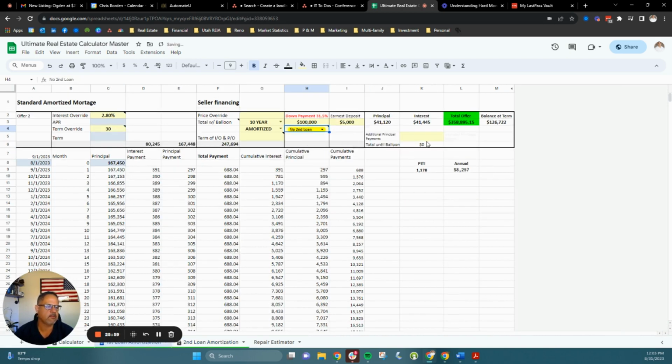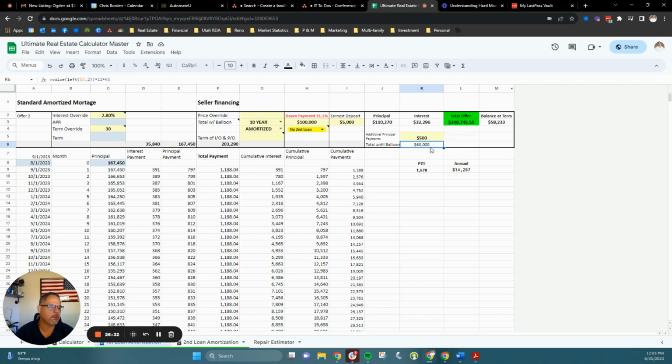You can do different things that you can add. If for some reason you wanted to add additional payments, it's just going to reduce your balance at term. So let me take this back off. You can see balance at term is 126,000. If I add $500 in additional payments, I can see my balance at term drop, and I have this pop up come up to compare how much I would have paid monthly based off how long I have the loan out for.